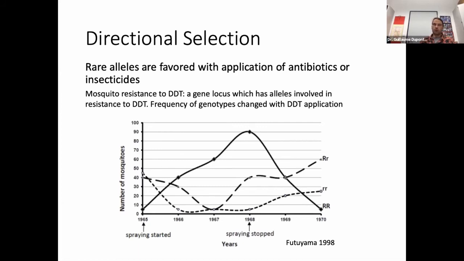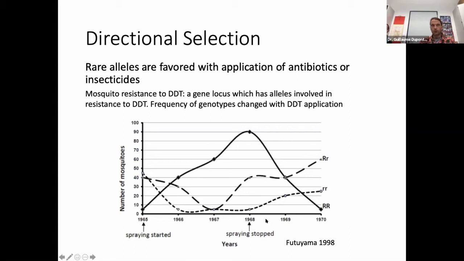The same was repeatedly observed with insects, where after the application, and this is an example here of DDT, a rare allele was favored, which you see here at the time when it was started in 1965. DDT was used before it was then not allowed to be used anymore because of its detrimental health consequences.